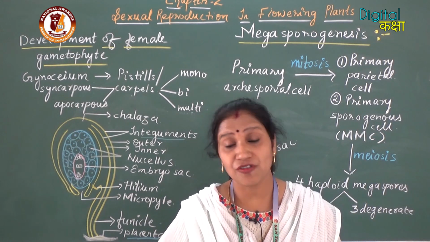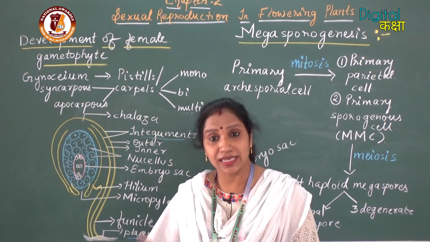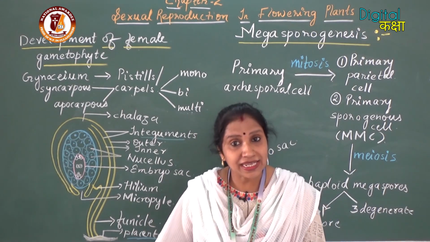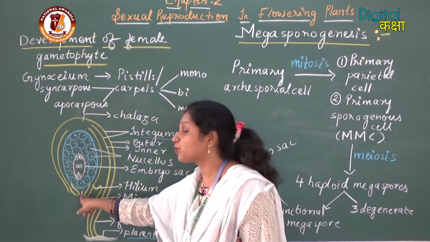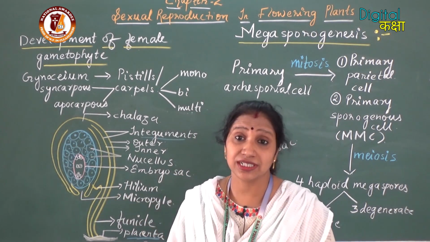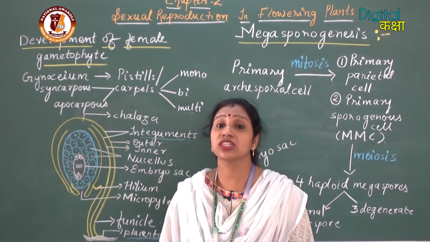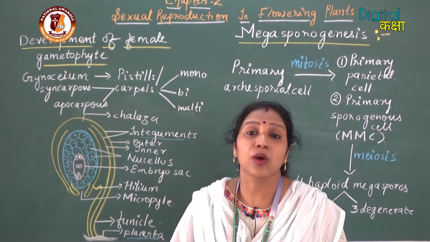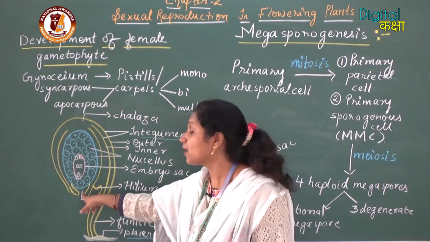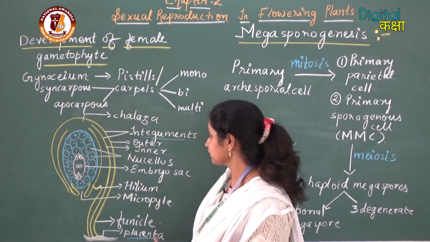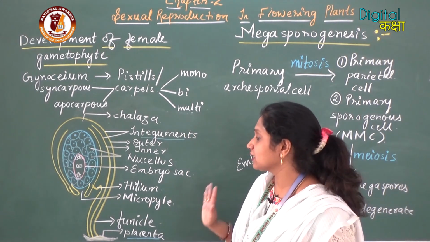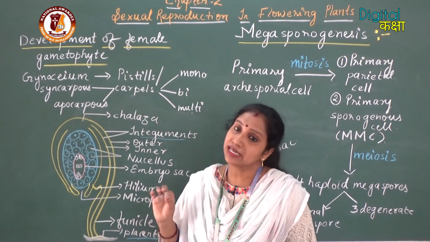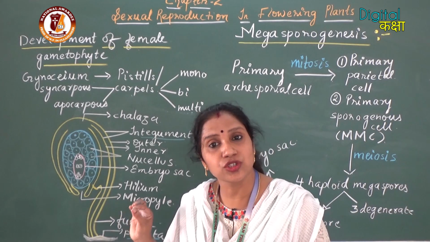So, the two functions of micropyle are, number one, the pollen tube enters inside the ovule carrying the two male gametes by the micropyle region, and the second function is that after fertilization the ovule gets converted into seed, and when the seed germinates the water enters the seed through this micropylar region. So, this was about the structure of an anatropous ovule. Anatropous ovule is commonly found in the angiosperms.